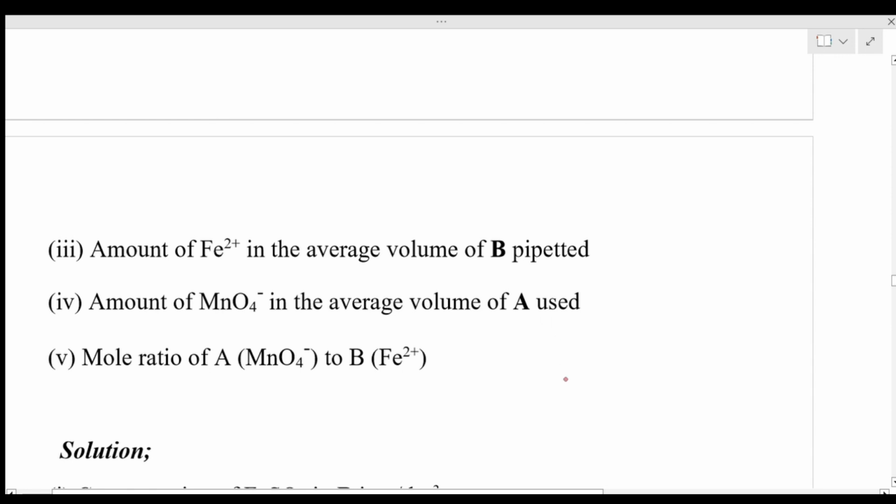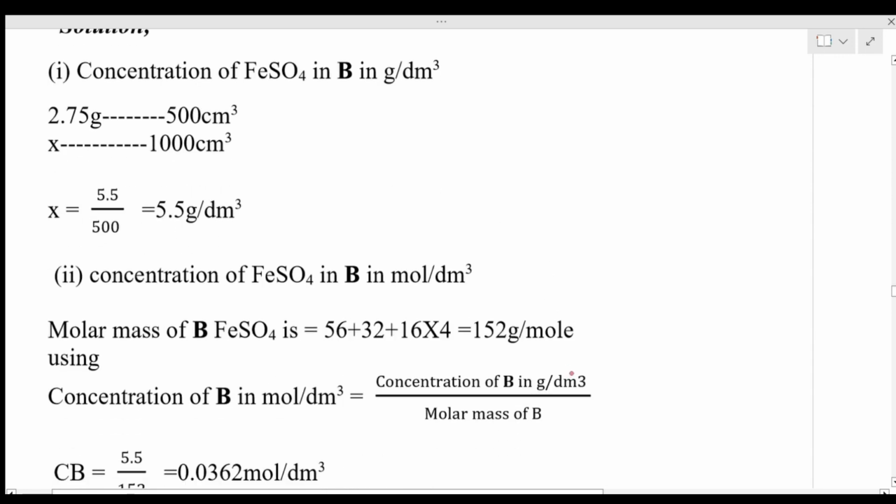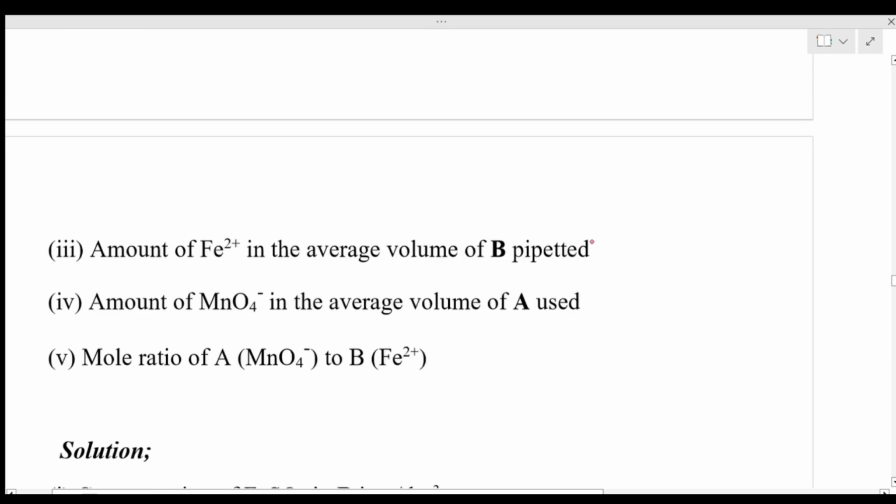I love this question. You can see in this question there is no equation given, so there is no way to get the mole ratio you are expecting.